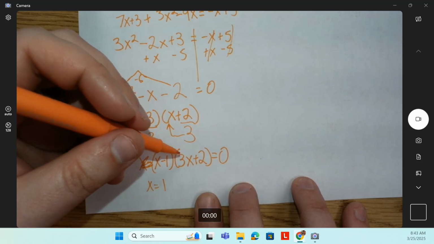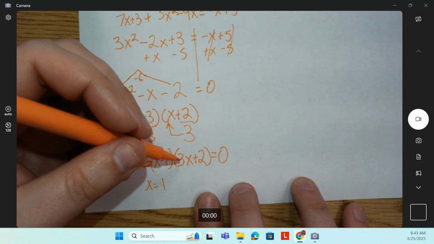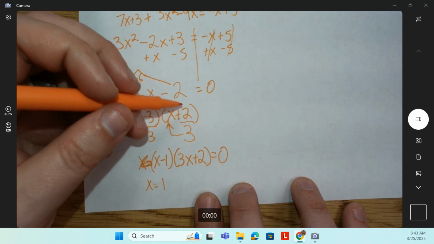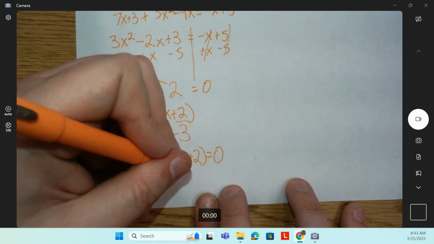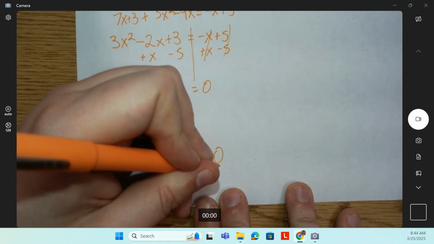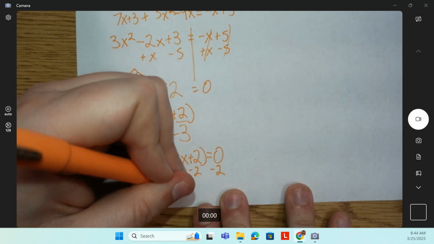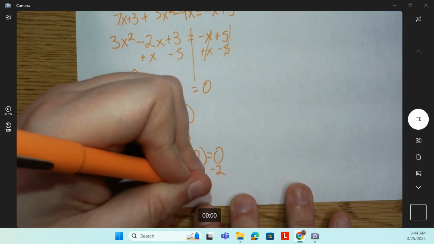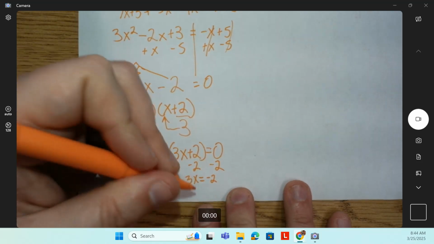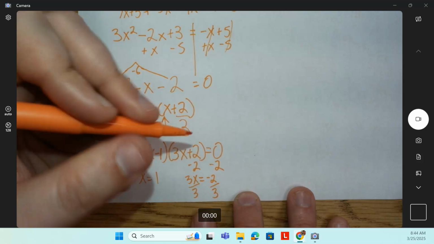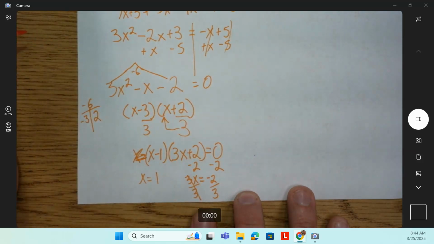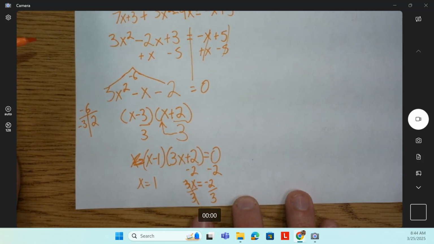But on the next part, I end up with a fraction. It's just going to be the opposite sign of this positive 2/3. But I subtract 2 from both sides, giving me 3x equals negative 2. And then when I divide both sides by 3, that gives me x equals a negative 2/3.